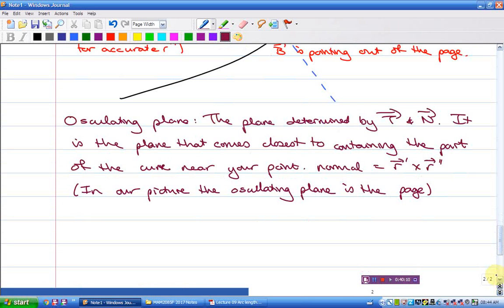So I'm scrolling down. The normal plane.